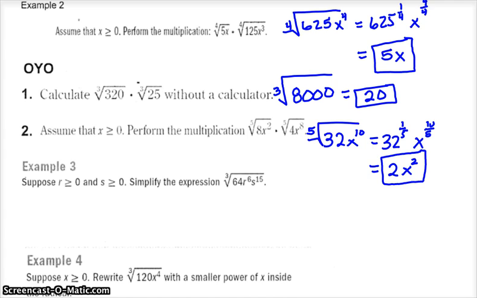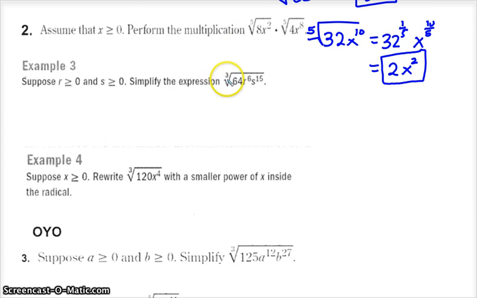Very nice. Let's get some more complex examples. For example number 3, I'm going to take the third root of each term underneath the radical. So I'm going to rewrite it as 64 to the 1/3, r to the 6th to the 1/3, s to the 15th to the 1/3.